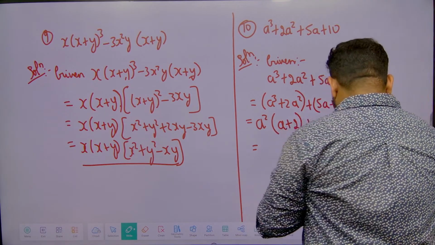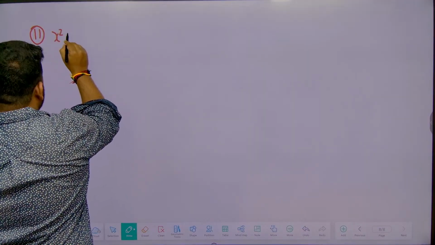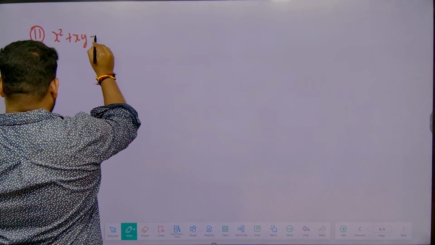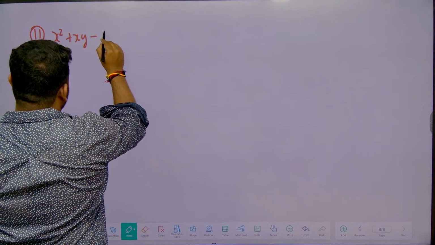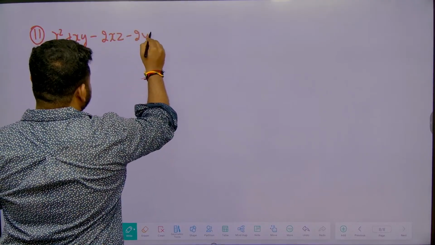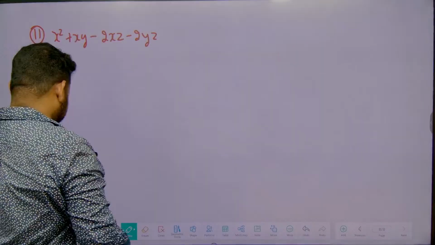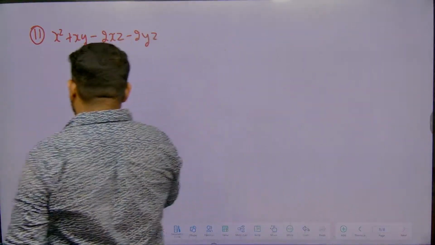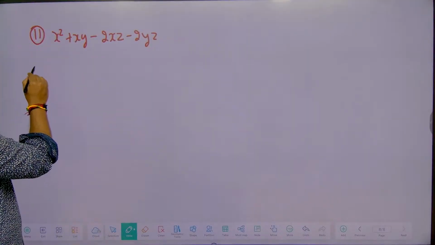Next one we are having is question number 11. X square plus xy minus 2xz minus 2yz. Okay, this is what we are having. So observe carefully. Solution.